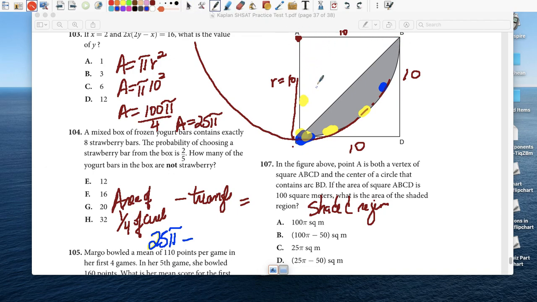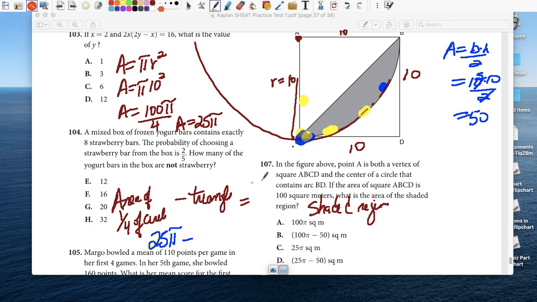The base is 10 and the height is 10, so the area of a triangle is base times height divided by 2. 10 times 10 divided by 2 is 50. So the area of the triangle is 50 units squared.